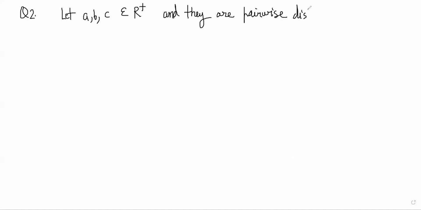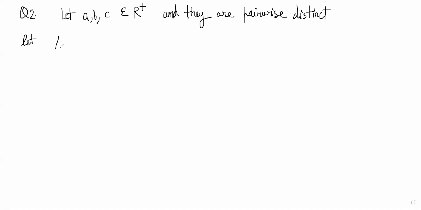Here, let A, B, and C be real positive and they are pairwise distinct. That means A is not equal to B, B is not equal to C, C is not equal to A, right?